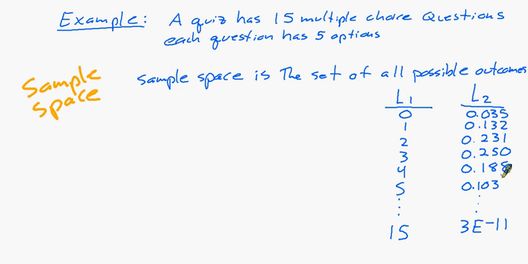This should make some intuitive sense. The fact that it's 3 that's the most probable is because the guess on each question isn't 50-50. It's 20-80. So there's a bias, you can think of it, towards failure.